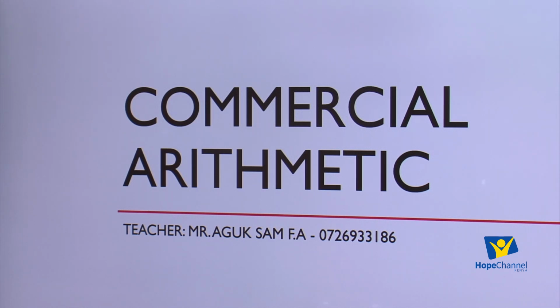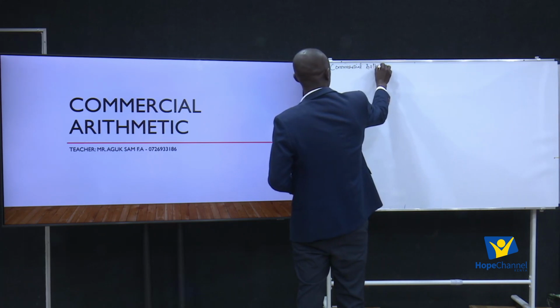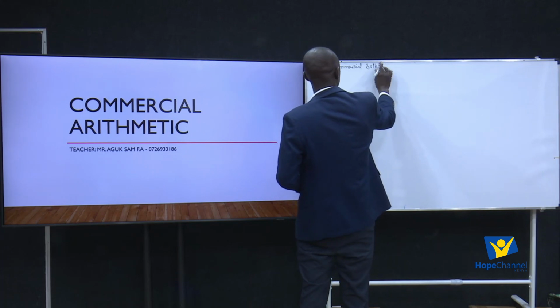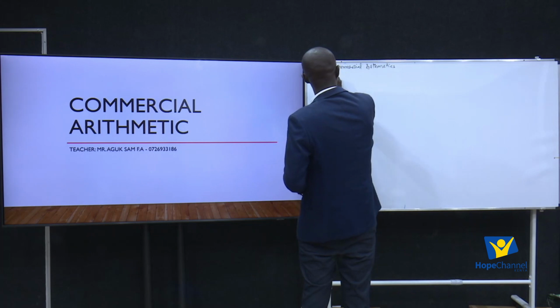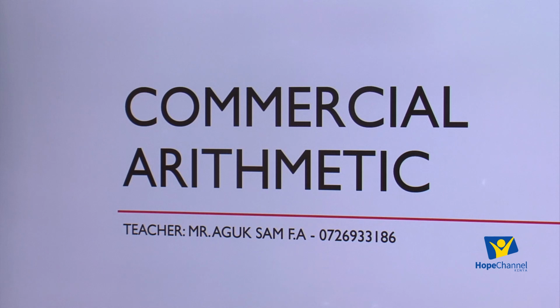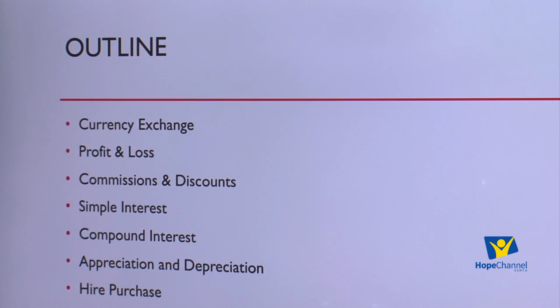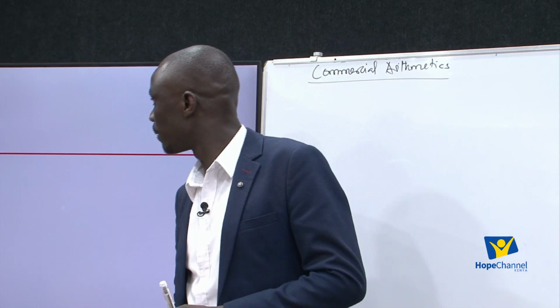So, by just having an introduction to what it is, let's have commercial arithmetic. And I want us to go into what is expected of us in this particular topic.